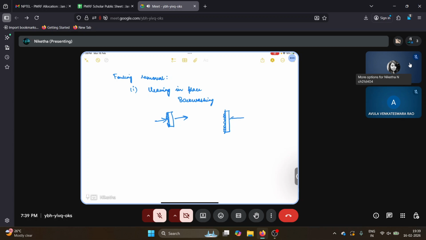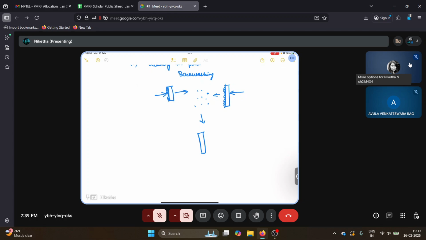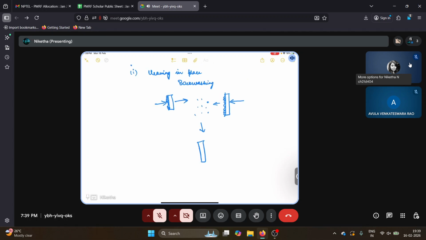So we provide water in the reverse direction so that whatever solids are there, they get dislodged and removed. And after that, the membrane becomes back to normal. It won't have any blockages. Okay. This is cleaning in place.